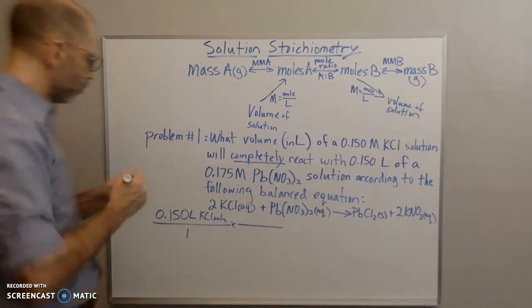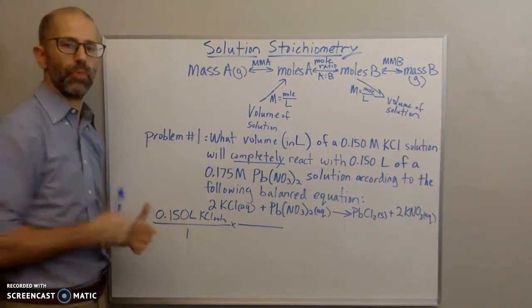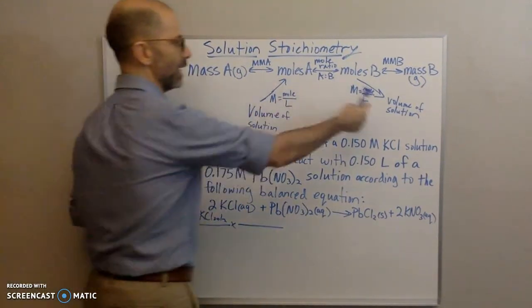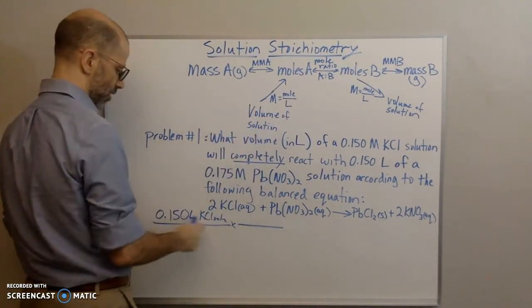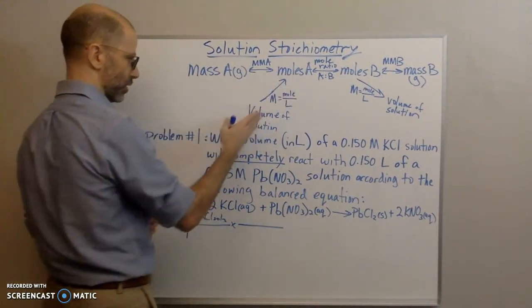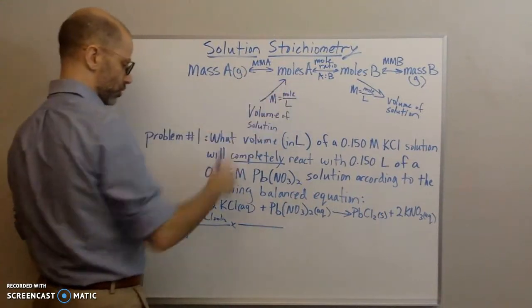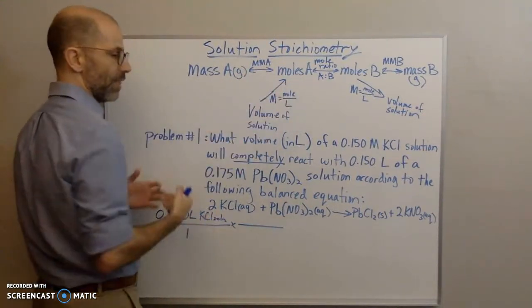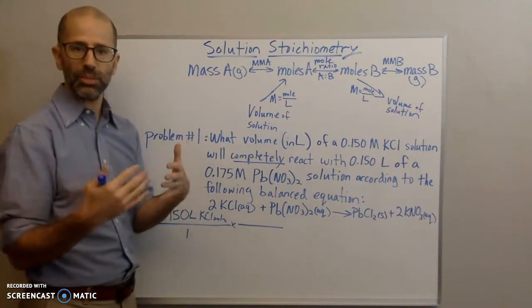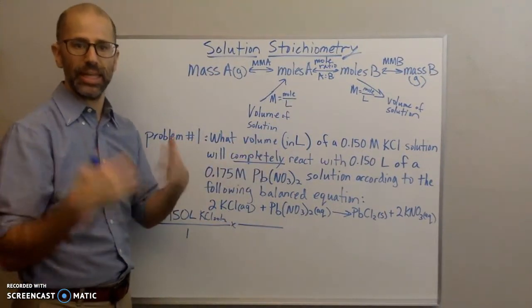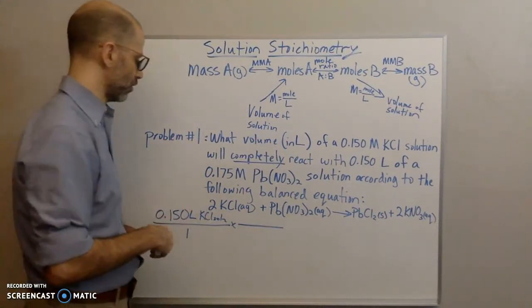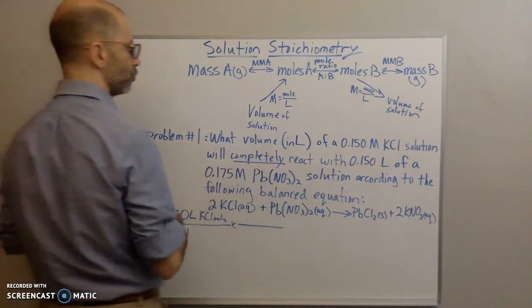Now we have liters of solution, but we need to get onto our highway. To get to moles from liters, the relationship between moles of solute and liters of solution is molarity, so we can use molarity to convert to moles.